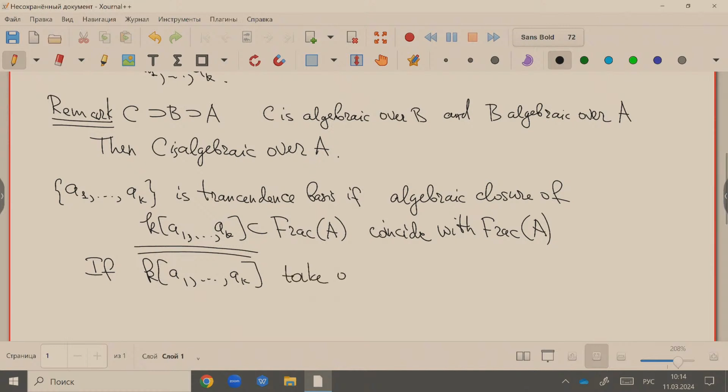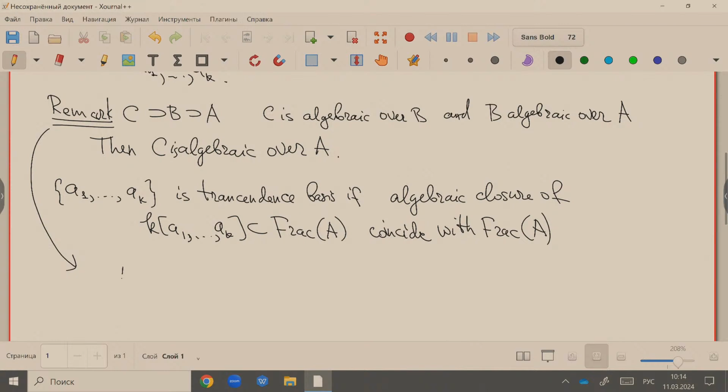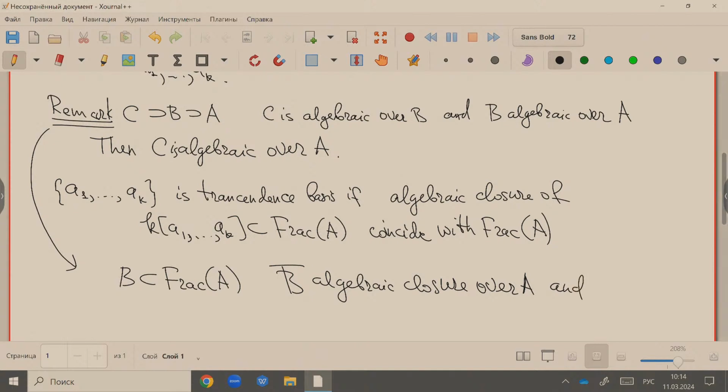the operation of, I mean the following: the previous remark tells you that if you take B inside the fraction field of A, B the algebraic closure over A, and B-bar the algebraic closure over B, then they are equal.